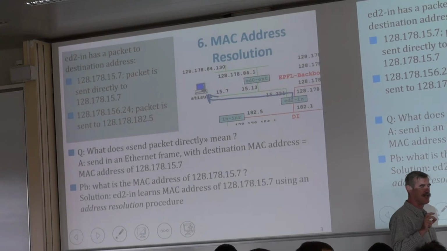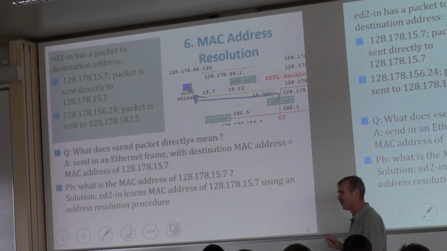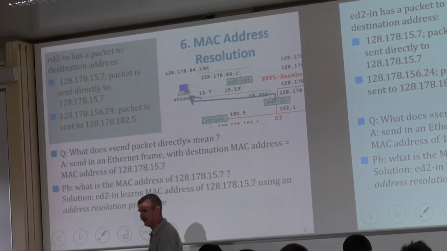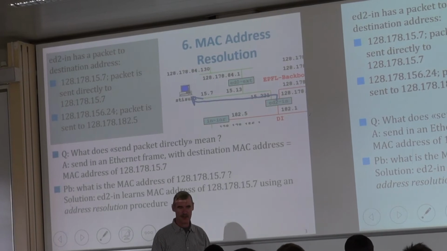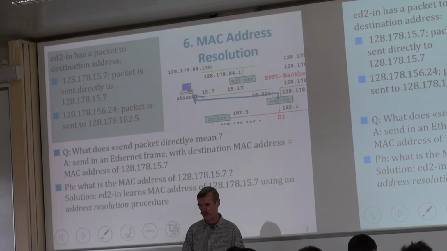IP is originally conceived as a mechanism to interconnect local area networks, which are Ethernet switches, for example. And this is visible in the need for performing what is called MAC address resolution.